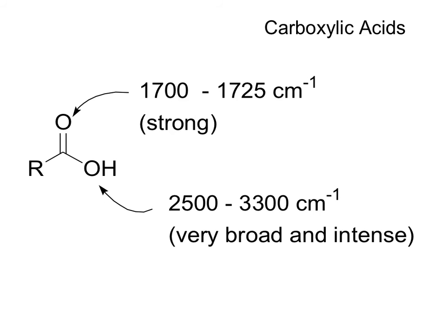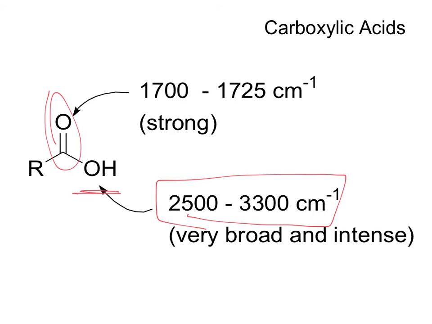When you're looking at a carboxylic acid, you have a C double bond O, which shows up at 1700, but then you also have the OH, which in case of a carboxylic acid shows up around 2500 to 3300, in that range. And if you actually compare the same structure, so let's compare apples to apples.